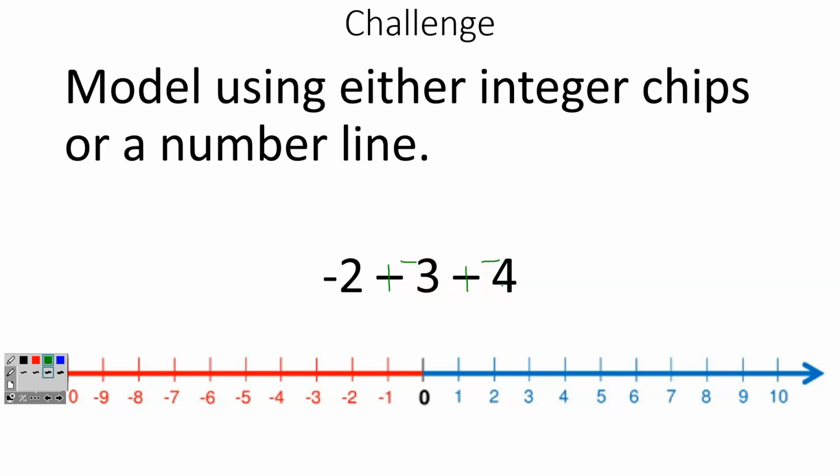So I had 2 superpowers and 2 consequences. So I would have a -2 plus a -3 plus a -4. That would look like this. 1, 2. 1, 2, 3. And all of these are going in the negative direction. 1, 2, 3, 4. So that would give me an answer of a -9.